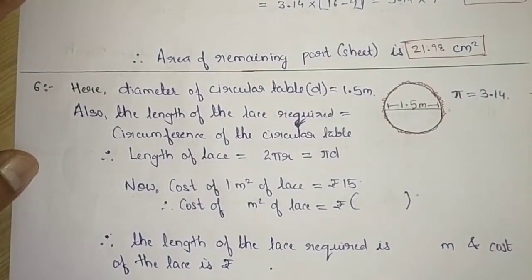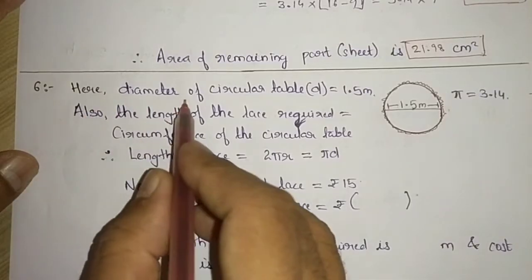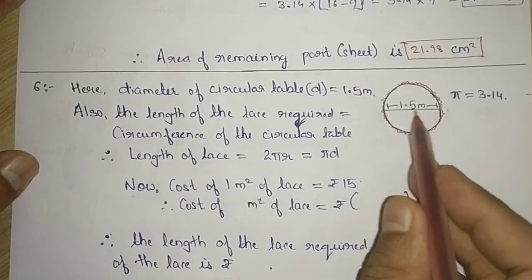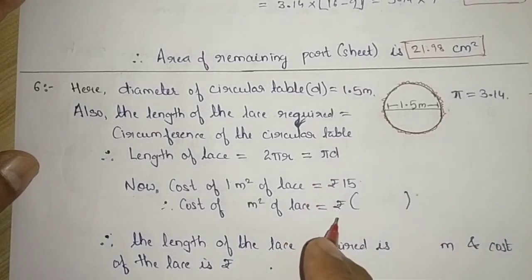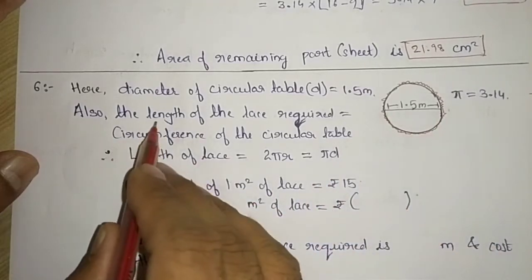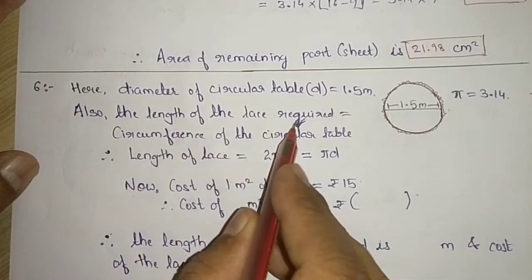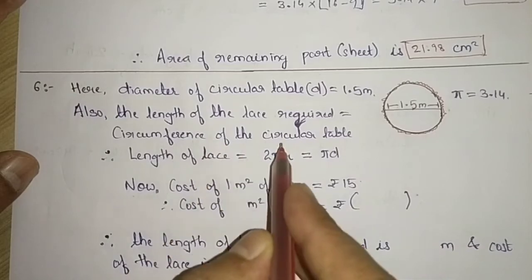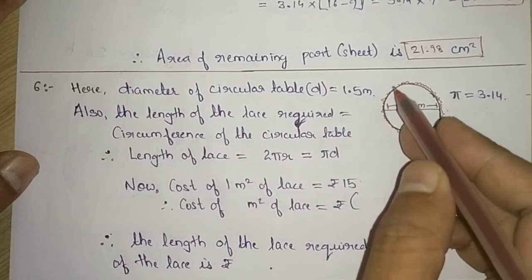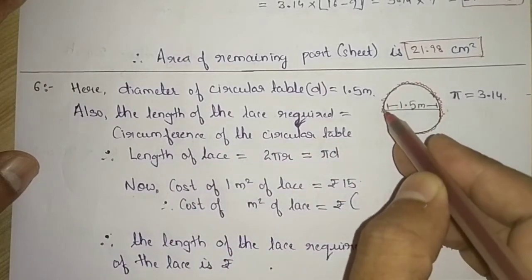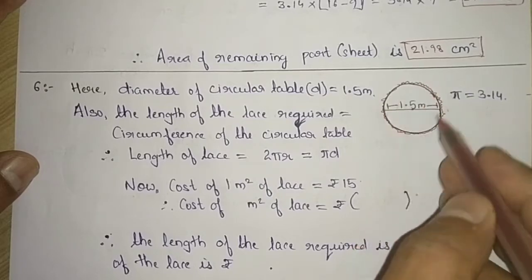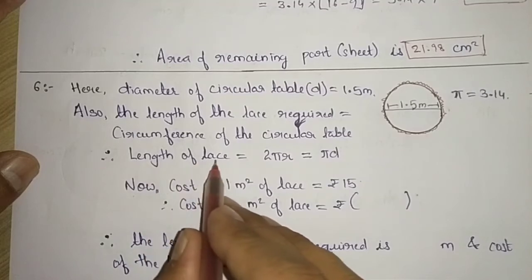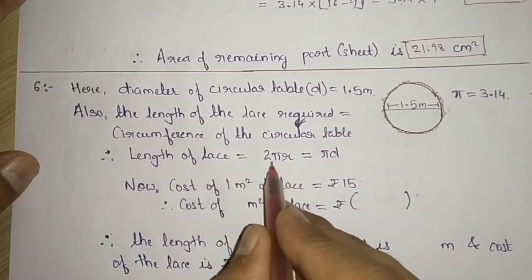So how will we write? We will write like this. Here the diameter of the circular table that they have given is 1.5 meter. Also, the length of the lace required is equal to the circumference of the circular table. Therefore length of lace is equal to 2 pi r.